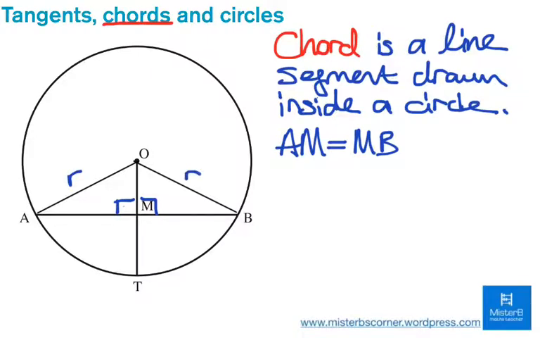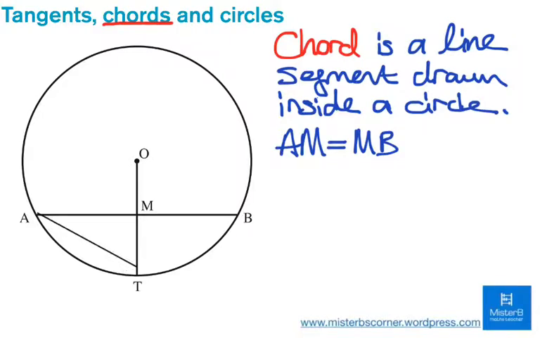And what's more, this triangle AOB is an isosceles triangle because these are radii. And we said that these two are equal, so you should remember this when you see a chord inside a circle.